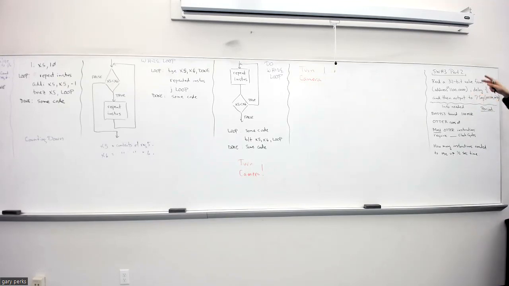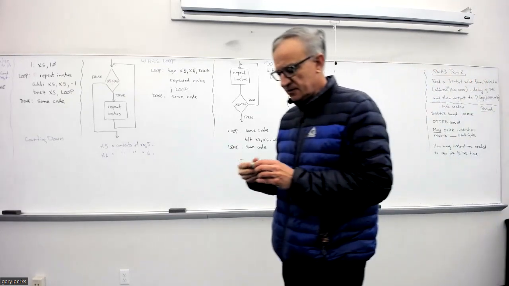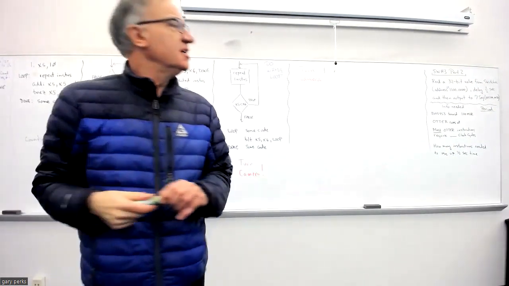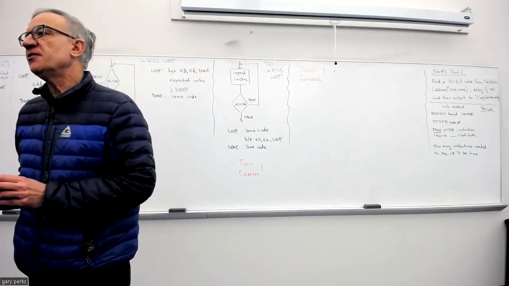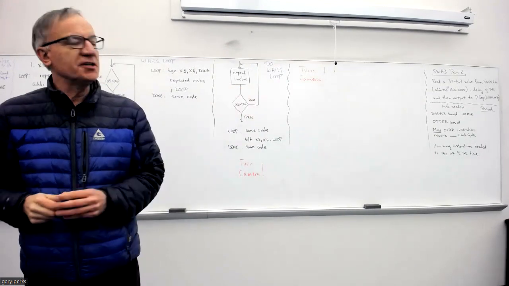Now, in order to understand what we're going to do here, there's some information that I think I've mentioned, but we haven't paid a lot of attention to it yet. The first thing we need in order to do this problem is the period of the Basys 3 board.